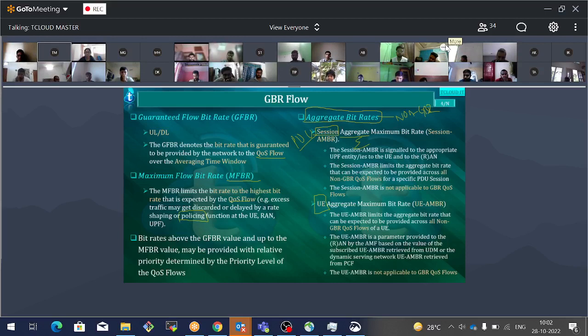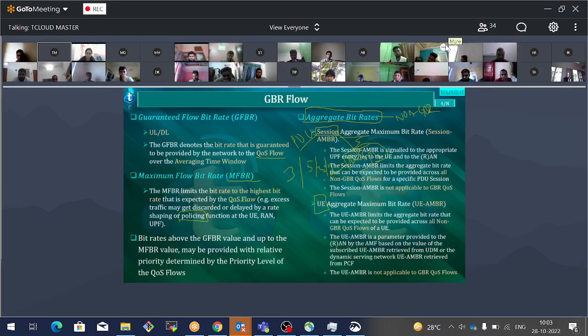For example, if there are three non-GBR flows, and for the first one the maximum bitrate being used is 5, second one is 3, third one is 2, so total it is 10. So this 10 Mbps is the session aggregate, and you should not cross it.